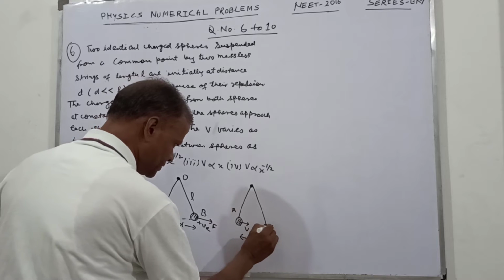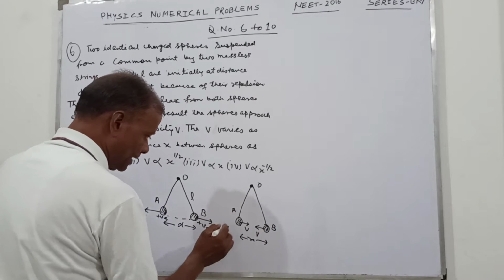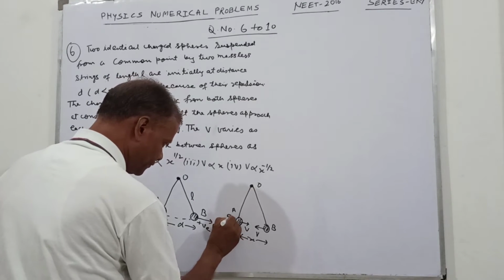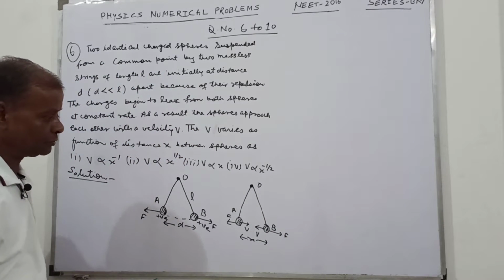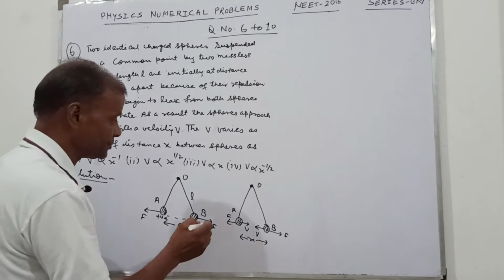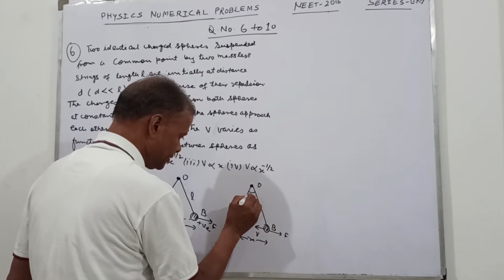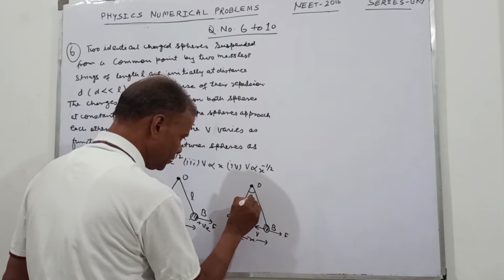This is A, this is B, this is O, this is the thread, and the force between them is again F. We take this angle to be 2 theta.